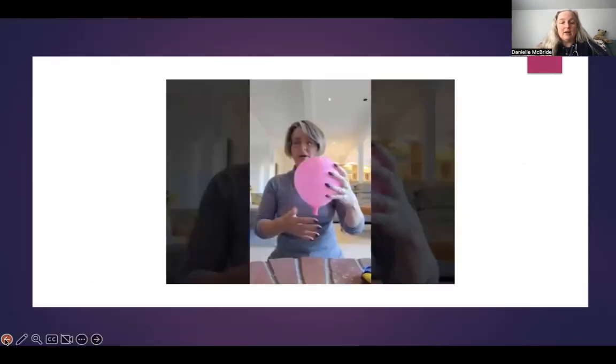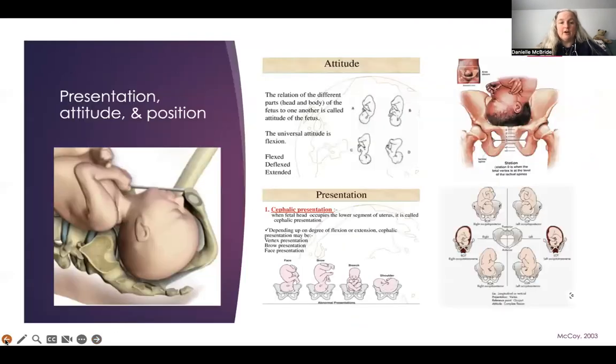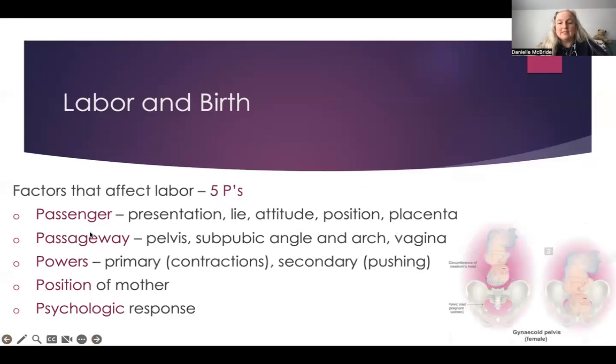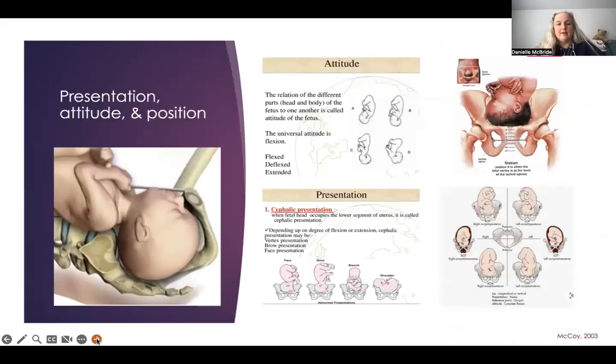So when we think about the pelvic shape, this is part of our P's, right? This is our passageway. And this pelvis, a gynecoid pelvis, is the best pelvis for a baby to come through. So the pelvis shape plays a role. And then everything we talked about with our passenger and the position and whether or not he's flexed and is he OP, and all of those things can affect this.